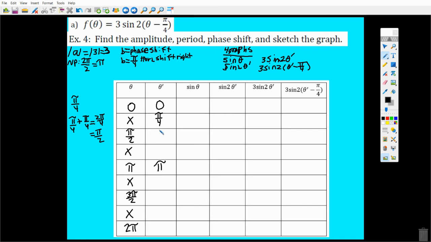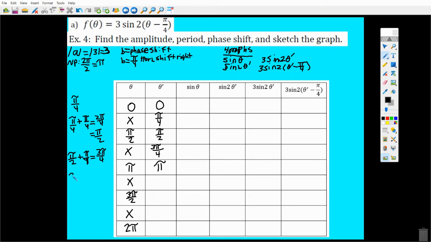So that's why we get pi over 2. Okay, and then if you take pi over 2 and add pi over 4 to that, and again, work with your fractions here, we end up with 3 pi over 4, which again is in the second quadrant.